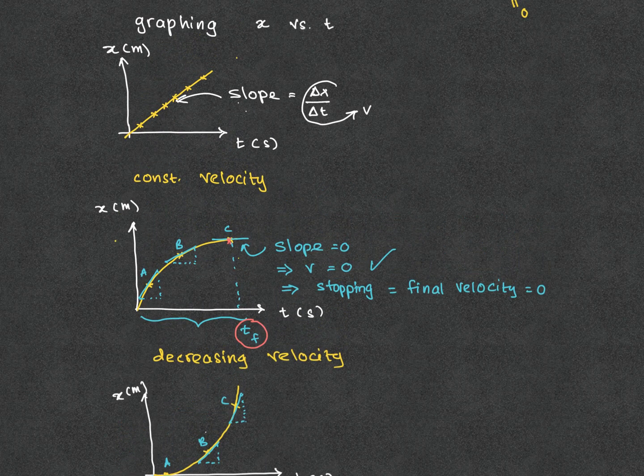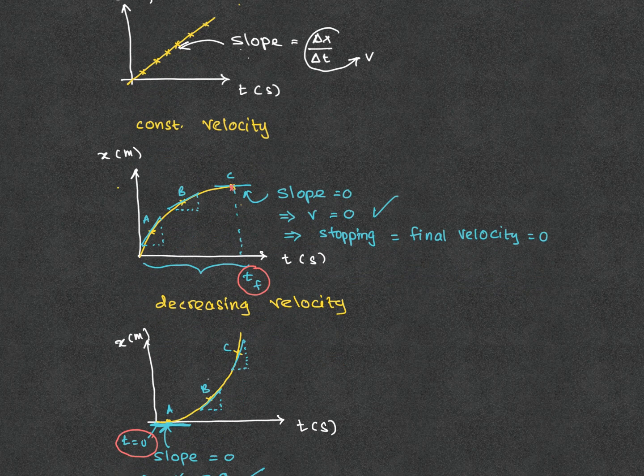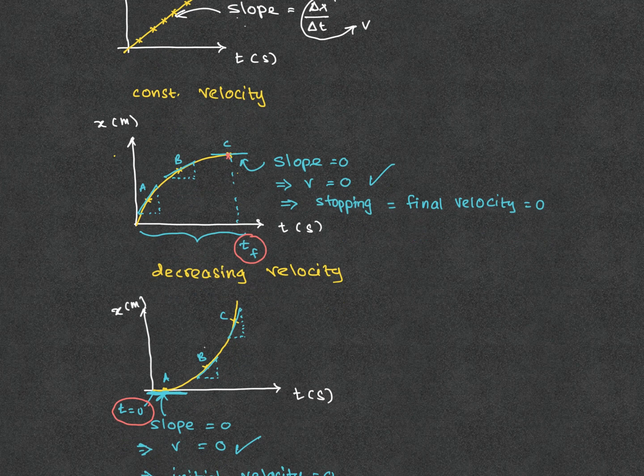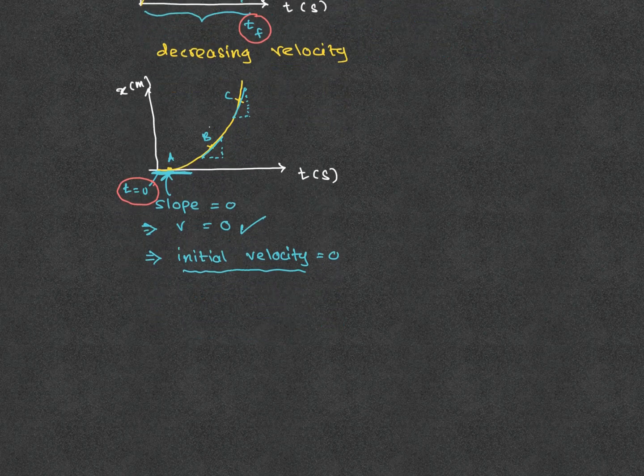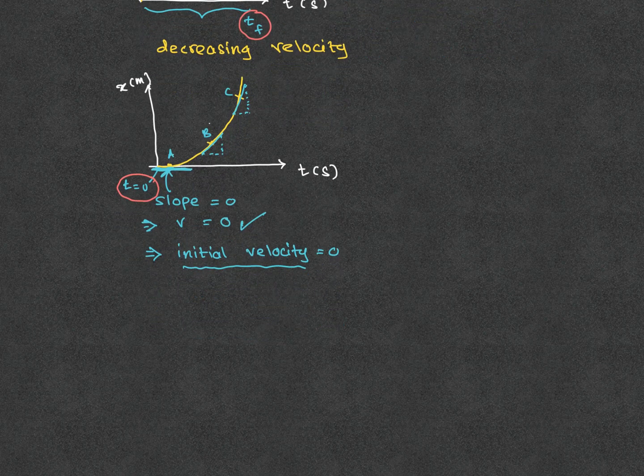Moving forward, we can always be asked to plot a graph for displacement versus time, with increasing velocity, decreasing velocity, and constant velocities. Now, for example, if I draw something like this, there I have the x-axis and the y-axis.